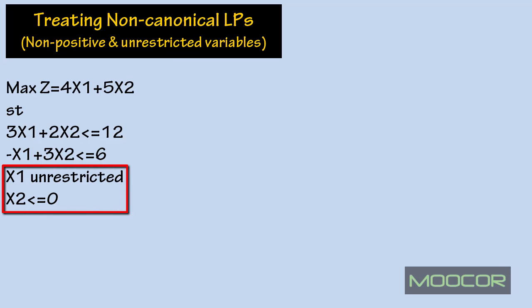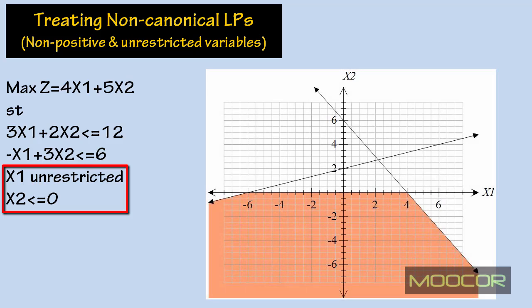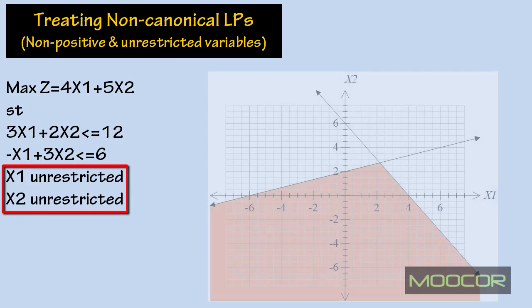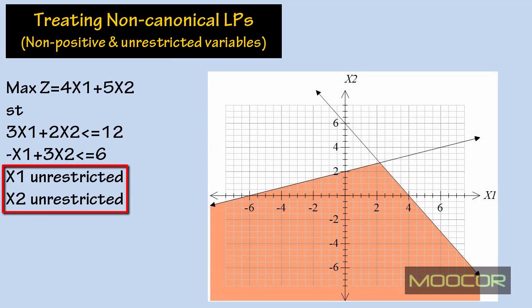Total change in the feasible region. And if the feasible region changes, the optimal solution of the problem will change. A problem that had a unique solution now may even not have a solution, or it may be unbounded.